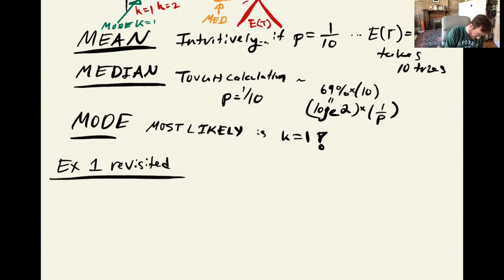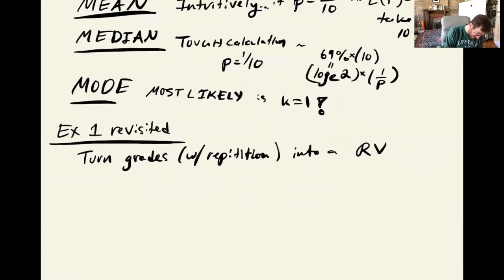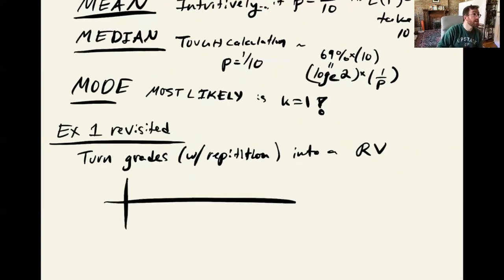So here I can turn grades, especially when they have repetition, into a random variable. And in this case, it looks something like this. Here I look at my possible value k, and then I have the probability that X equals k.